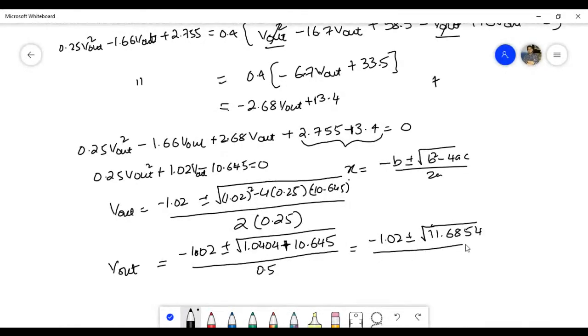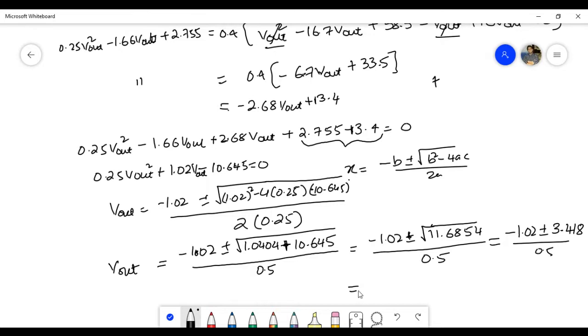11.6854 over 0.5. So just take the square root of this, and the root will become 3.418. Minus 0.02 plus or minus how much? 3.418 by 0.5.